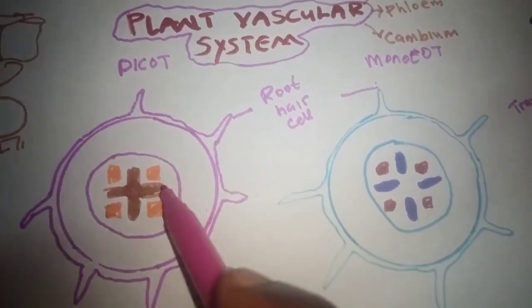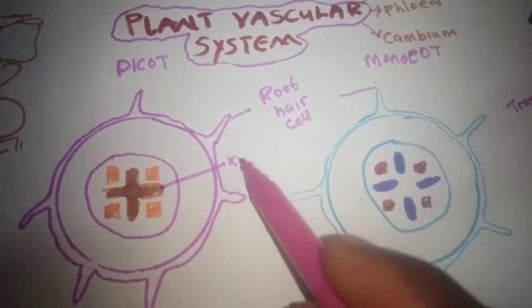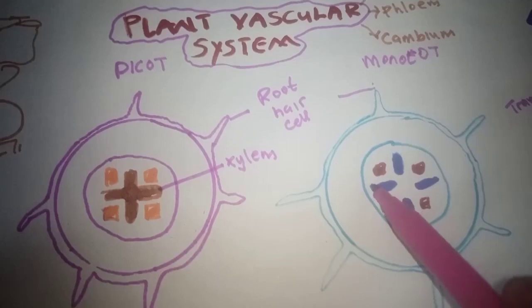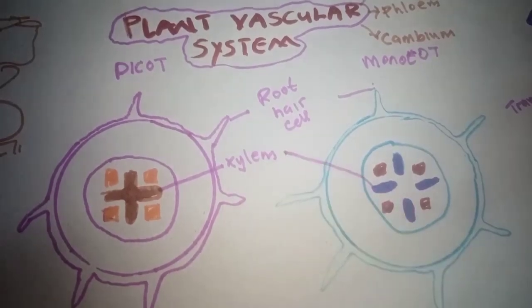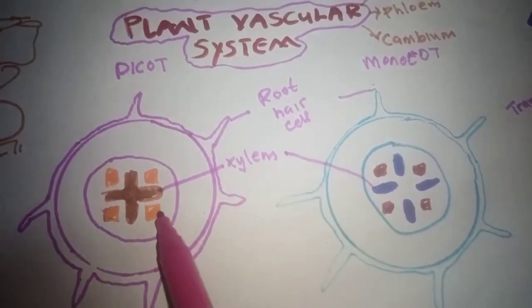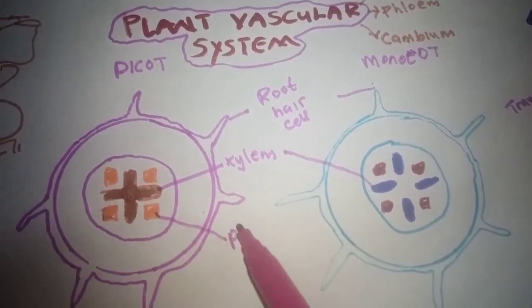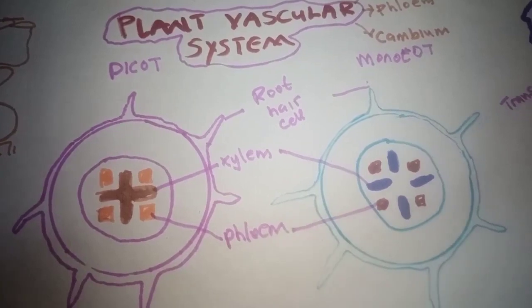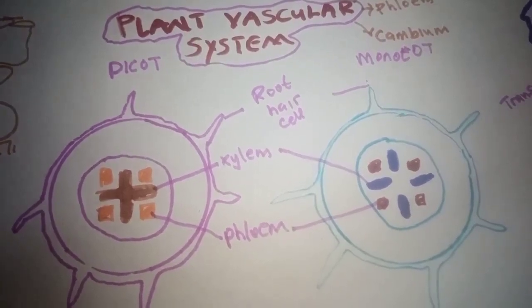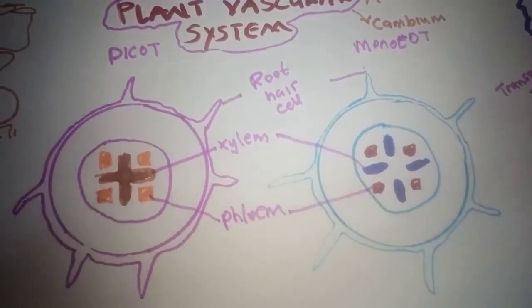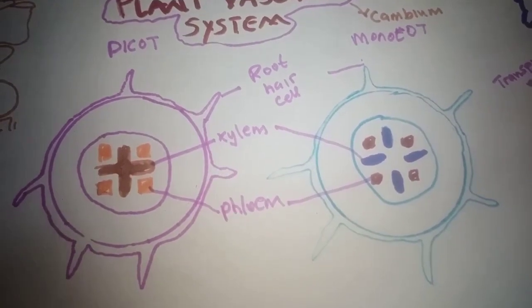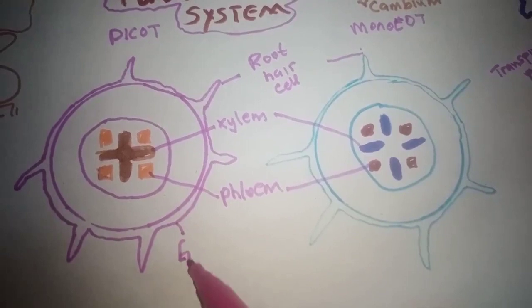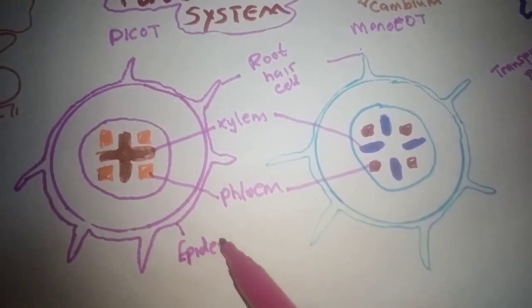So we can label them. This is the xylem. This is also the xylem there. I'll use one labeling. This is the phloem, and this side is this one. Then you also have the epidermis, the outermost layer.